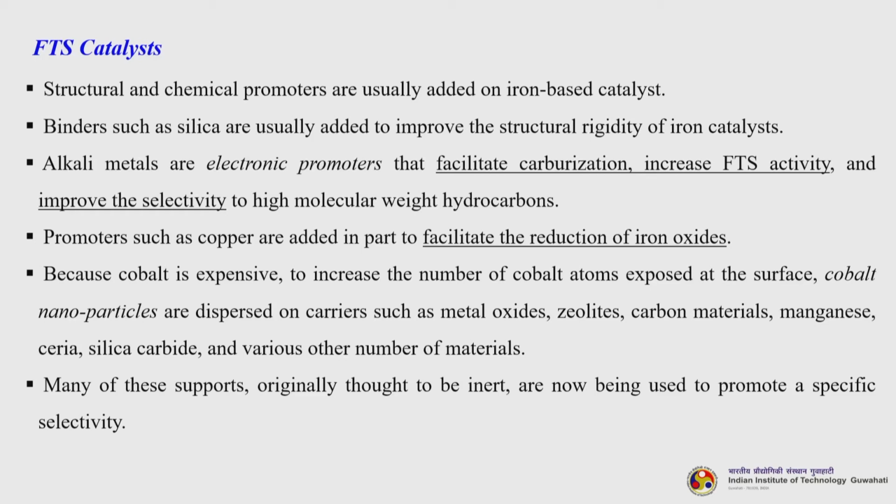Because cobalt is expensive, to increase the number of cobalt atoms exposed at the surface, cobalt nanoparticles are dispersed on carriers such as metal oxides, zeolites, carbon materials, manganese, ceria, silicon carbide and various other materials. Many of these supports originally thought to be inert are now being used to promote a specific selectivity.